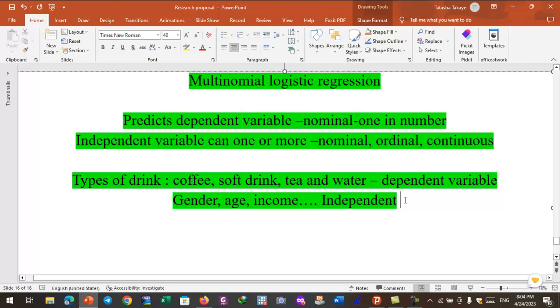But the best thing that you have to take into account when you are dealing with a multinomial logistic regression model is that you have to be sure that the dependent variable is a categorical variable, and the categories within that variable should be greater than 2, more than 2, I mean.